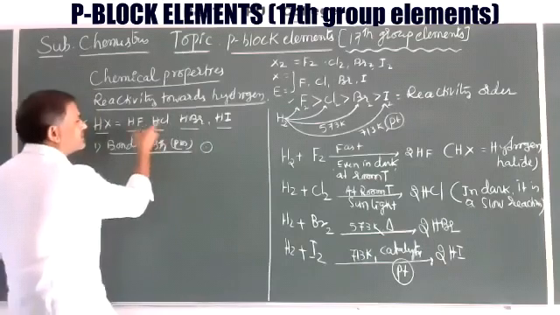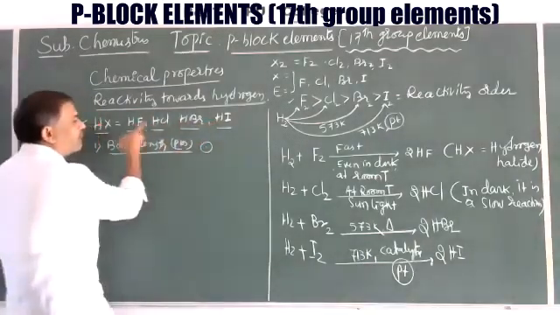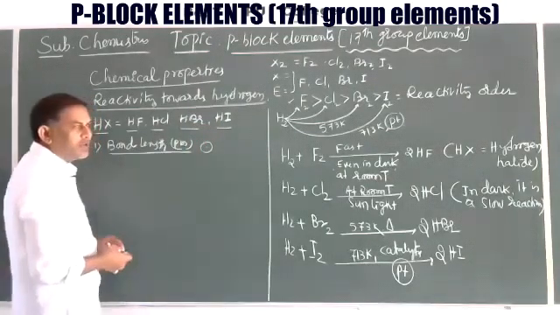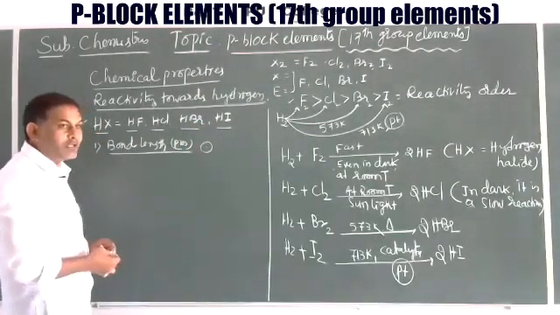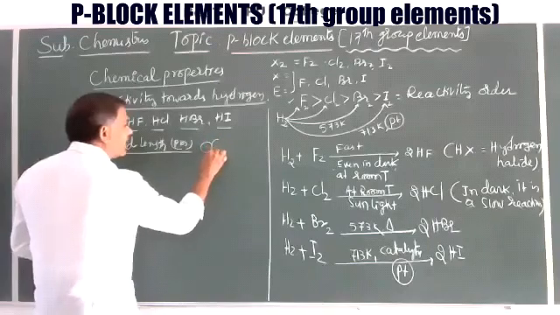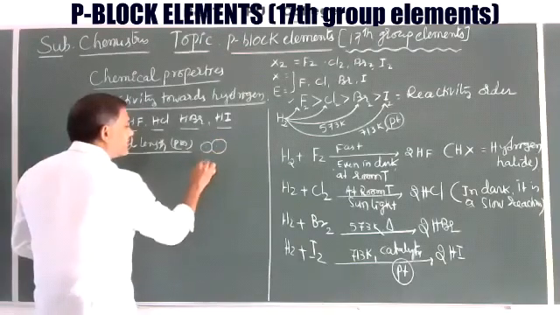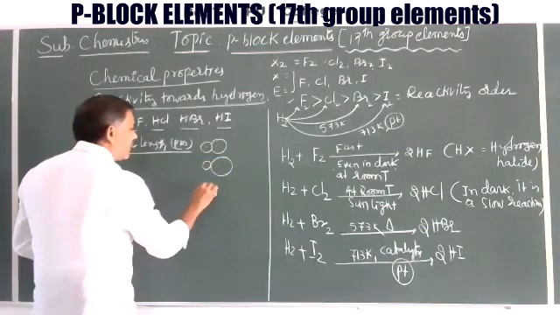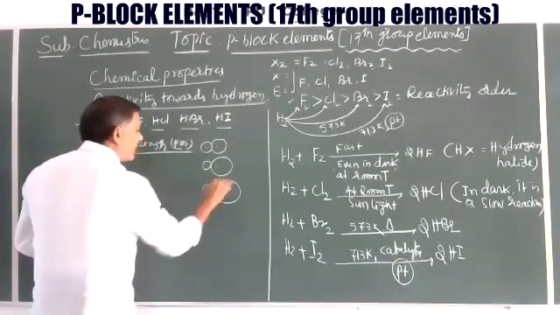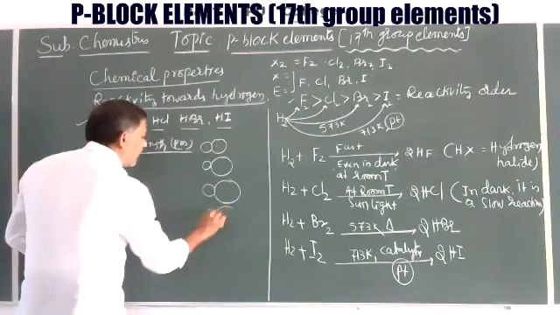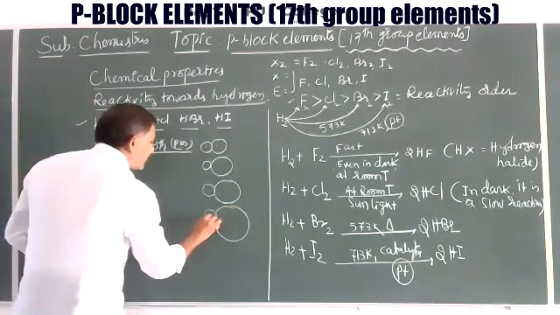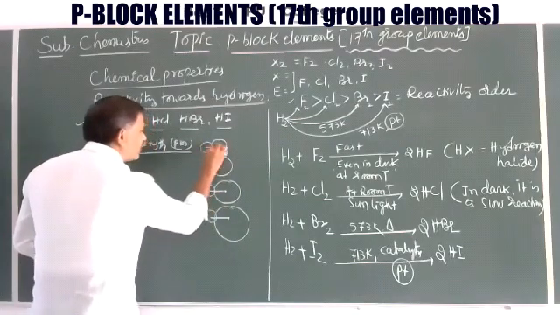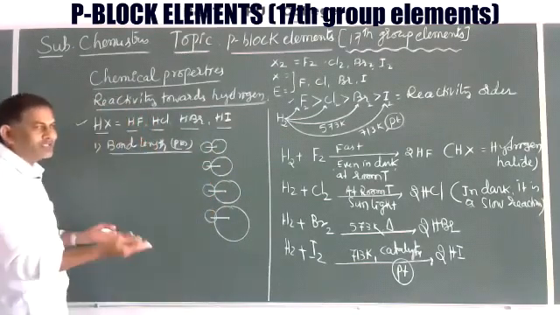But from fluorine to chlorine, chlorine to bromine, bromine to iodine, atomic number increases, so what happens to size? It increases. That's why this is iodine fluoride, this is iodine chloride, this is iodine bromide, this is iodine iodide. Top to bottom, when the atomic number increases, size increases.